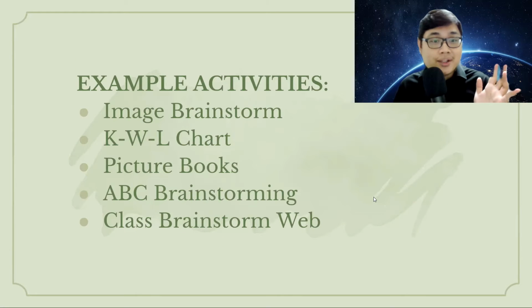So in this training video, I will be covering 5 activities that you can do to utilize students' prior knowledge before starting to teach a new content lesson to them, which are image brainstorm, KWL chart, picture books, ABC brainstorming, and class brainstorm web.